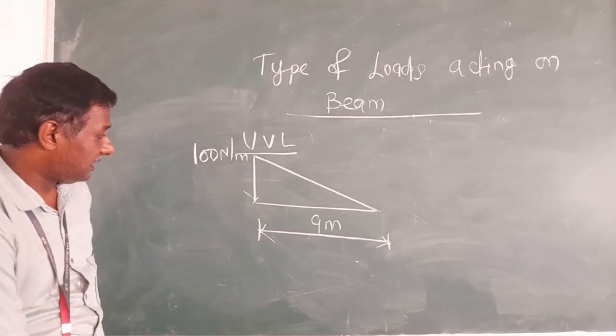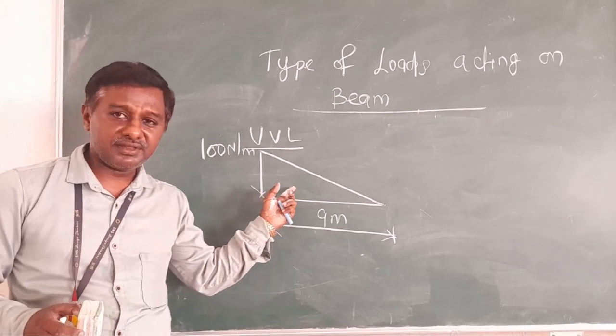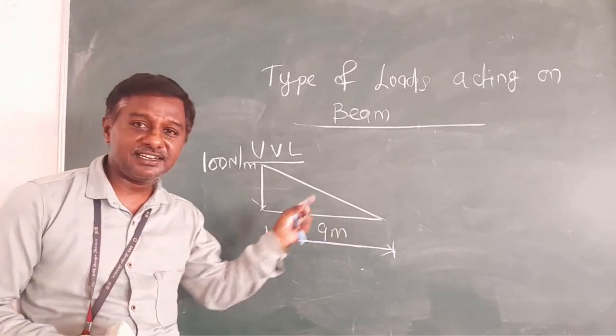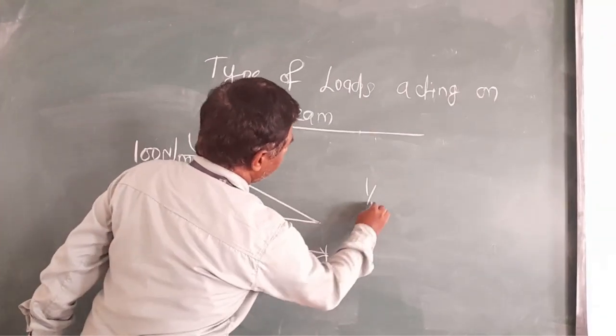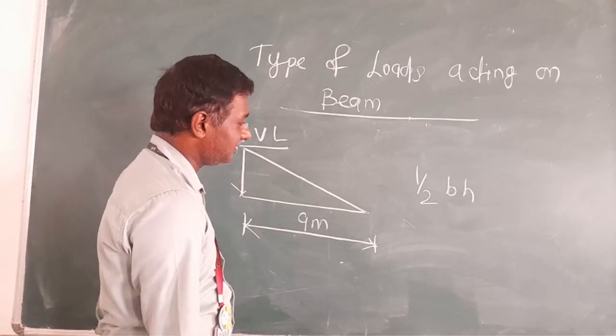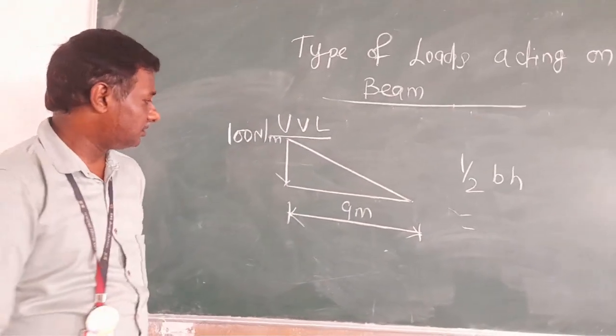I already told you the total load is found by finding the area of the geometry. Now the geometry is a right angle triangle, so half into B into H is the area of a right angle triangle. Finding this area, you can get the total load.